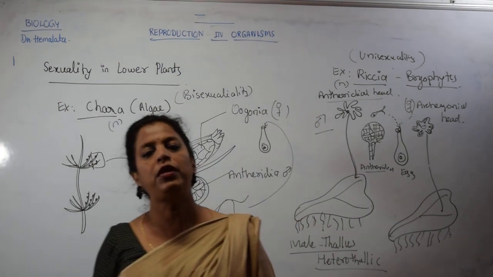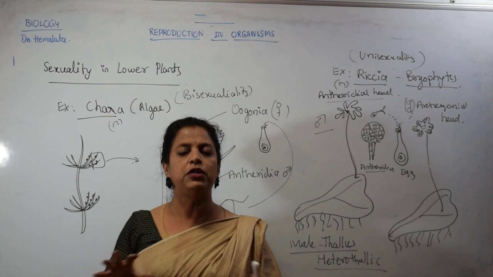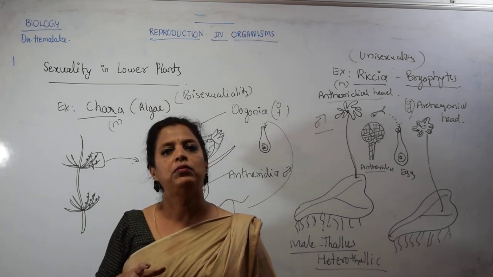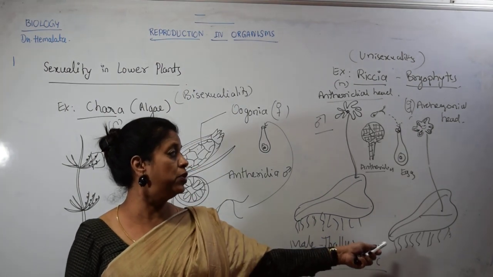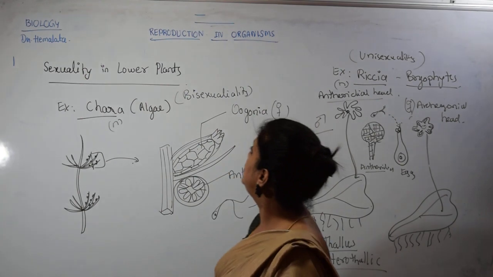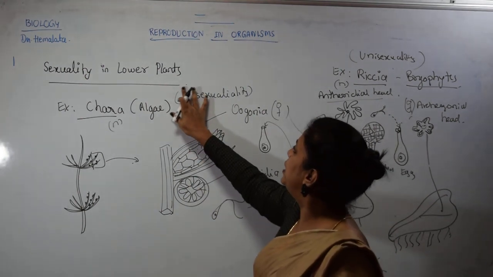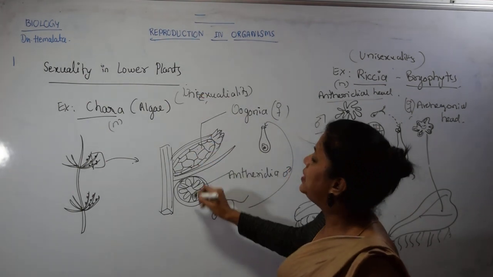Like that, whenever you study the complete structure of the bryophytes, you know which plant is unisexual and which is bisexual. Here it is unisexual and dioecious also, male and female growing separately. This is not exactly bisexuality, it is unisexual, but they grow separately, right?